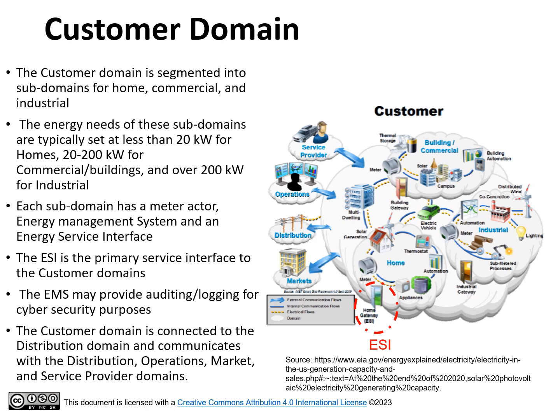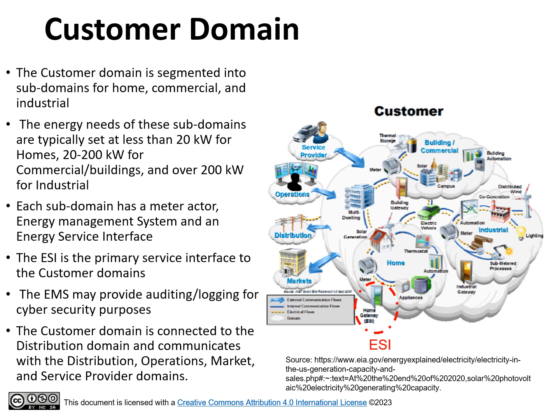The customer domain is segmented into subdomains for home, commercial, and industrial. The energy needs of these subdomains are typically set at less than 20 kilowatts for homes, 20 to 200 kilowatts for commercial, and over 200 kilowatts for industrial. Each subdomain has a meter actor, energy management system or EMS, and an energy service interface or ESI.